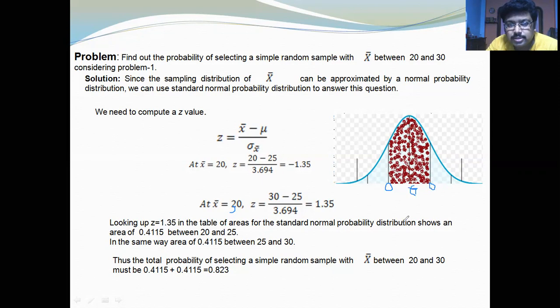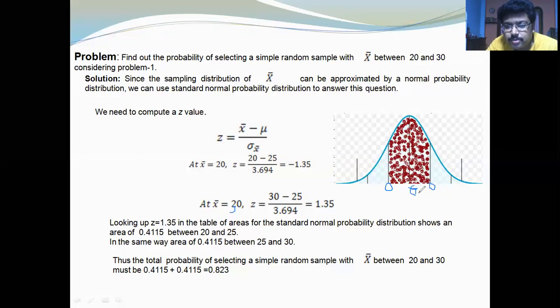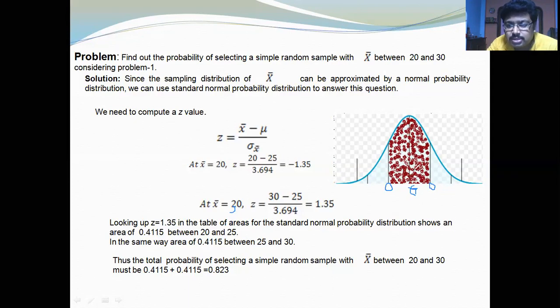Also, the probability or the area between 25 and 30 is 0.4115. We can get it from the standard normal probability distribution table.